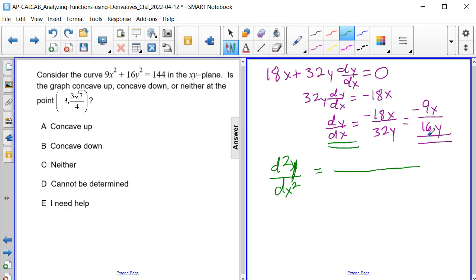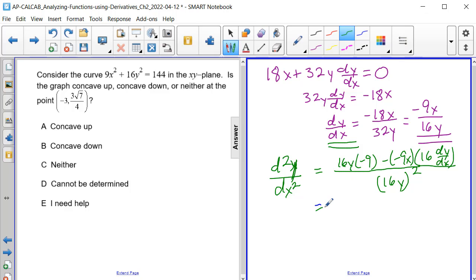And the quotient rule is the bottom, 16y, times the derivative of the top, which will be negative 9, minus the top, negative 9x, times the derivative of the bottom, which will be 16 times dy over dx, all over the bottom, 16y squared.